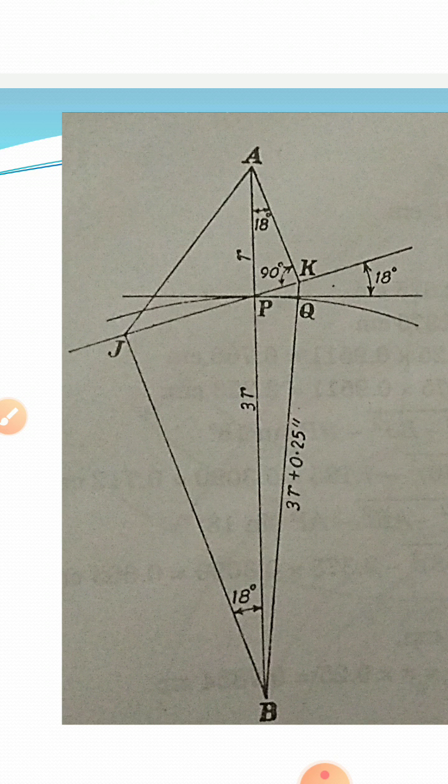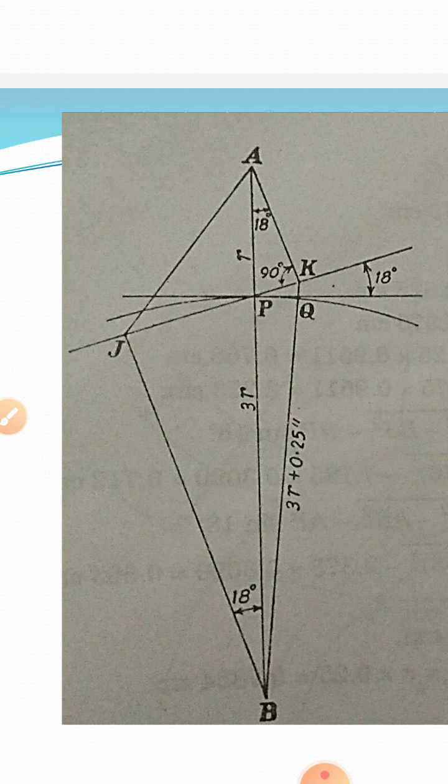Now if we consider r is the radius of the pitch circle of the pinion, with a velocity ratio given as 3 times, then in this diagram the addendum of one wheel cuts the base circle of the other wheel. With this condition, we obtain this diagram.